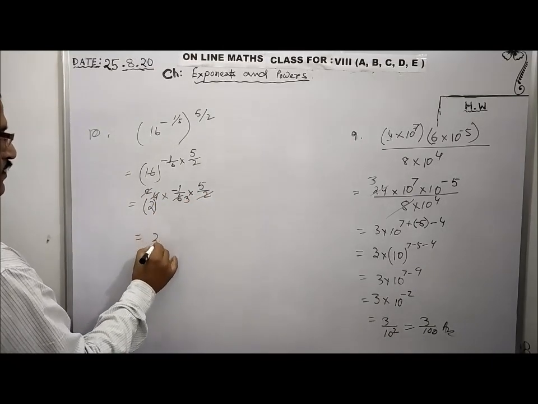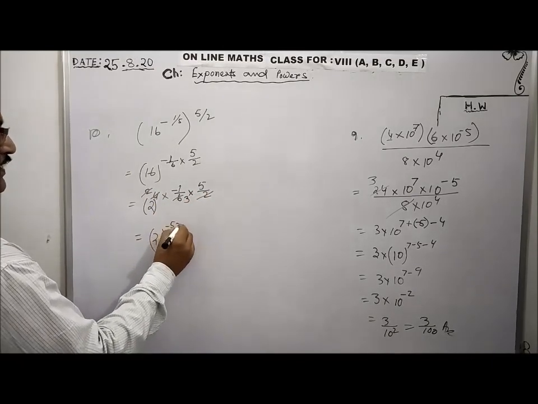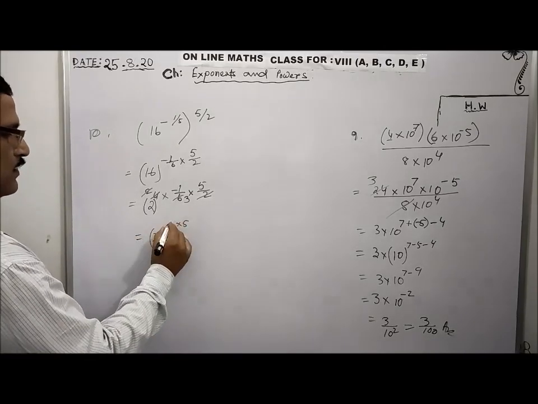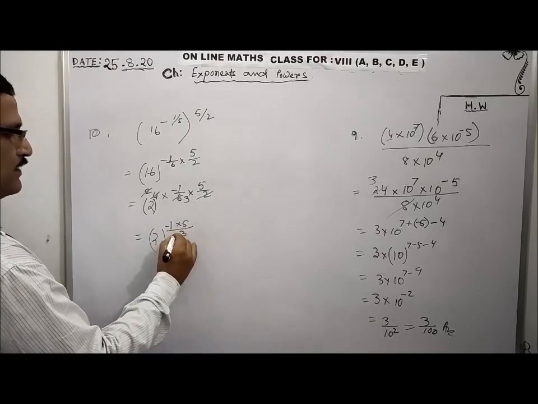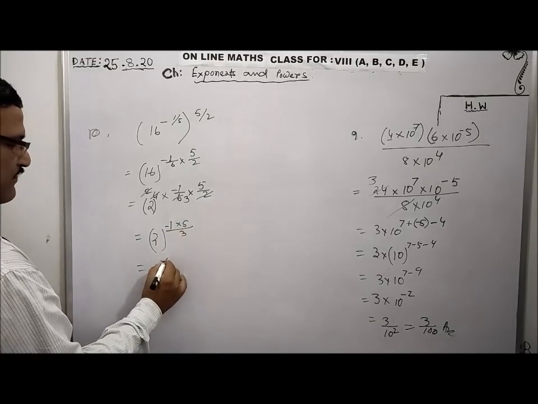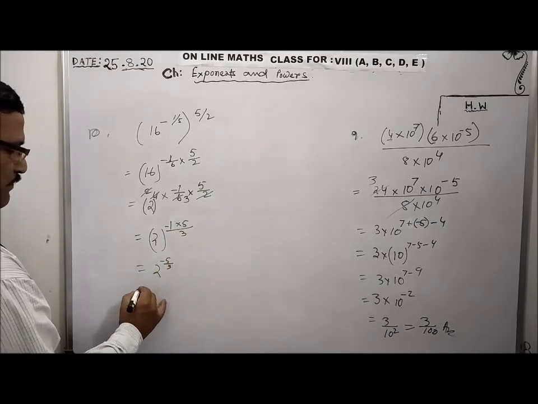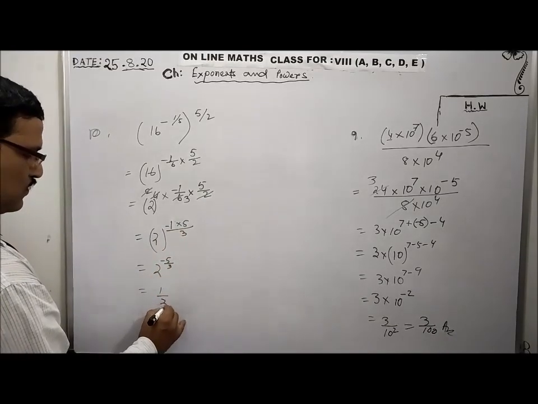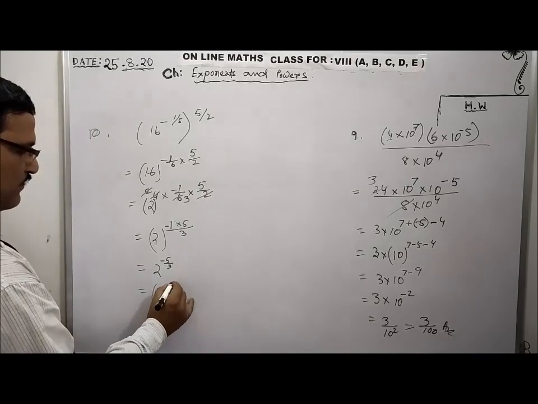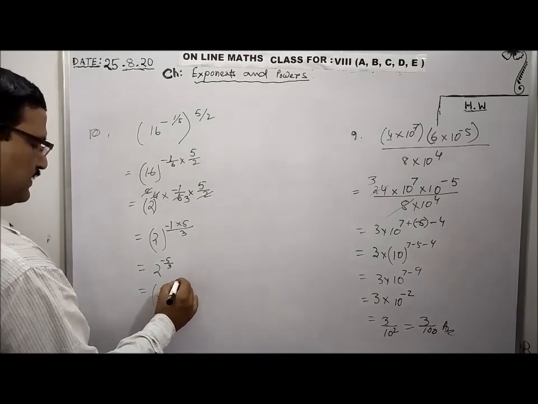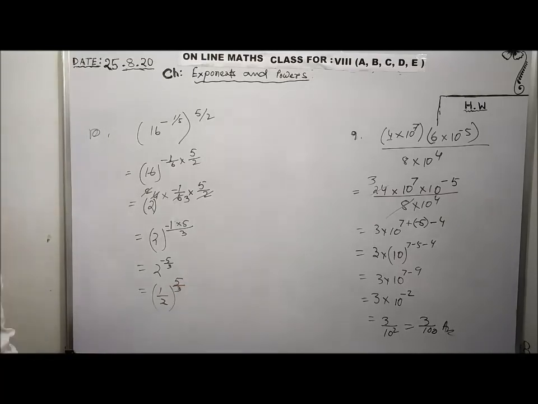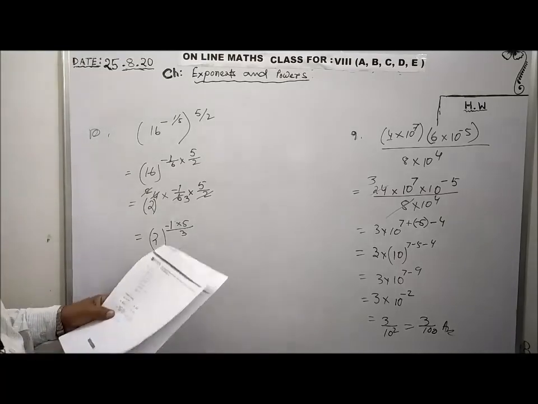What is left out? 2 raised to minus 5 into 5... minus 1 into 5 by 3, or 2 raised to minus 5 by 3. So negative power: 1 by 2 raised to what? 5 by 3. 5 by 3. Okay? You have to show it this way.